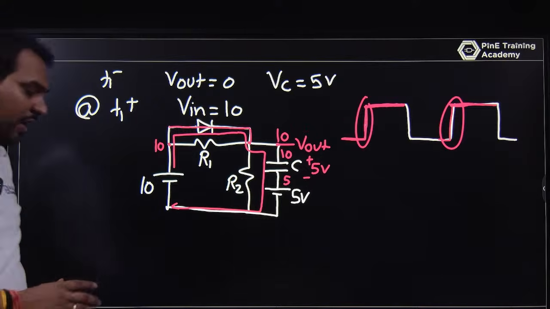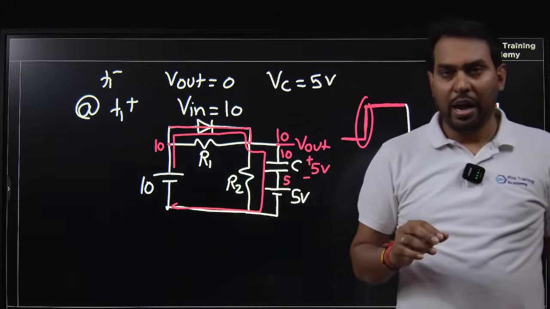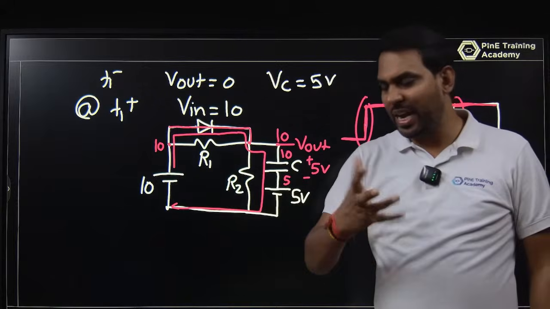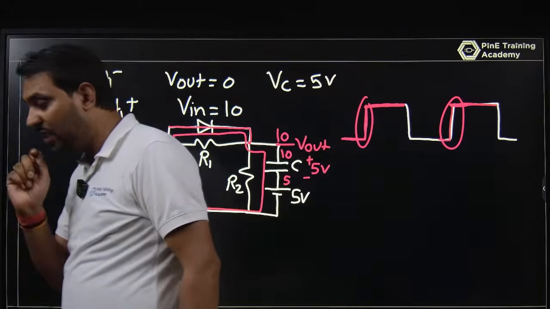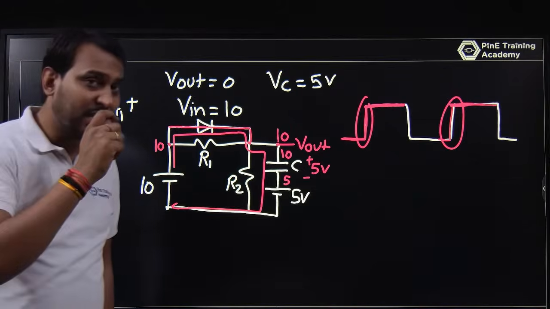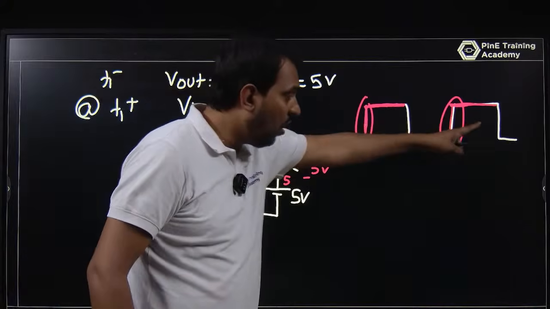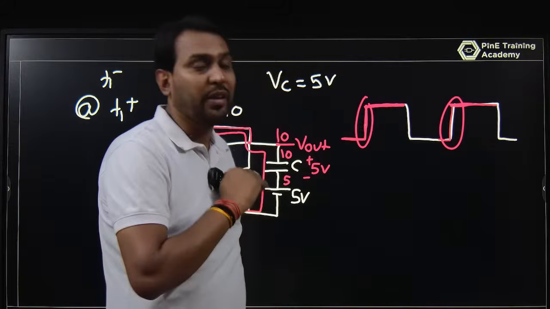Just think of it this way: you have a waveform and a circuit where, at every positive edge, you want it to take the supply suddenly. But once that supply is off, it discharges, but it will discharge slowly.